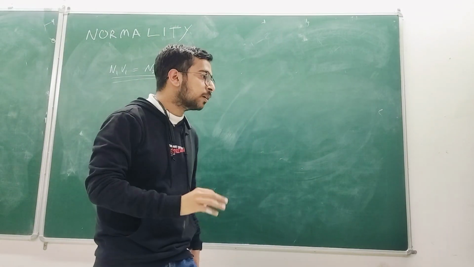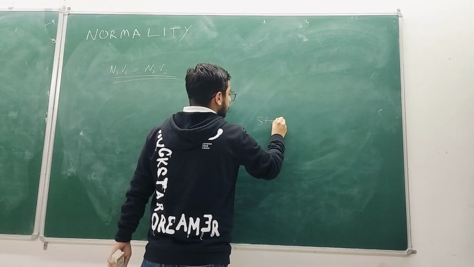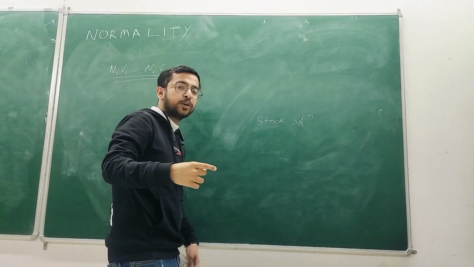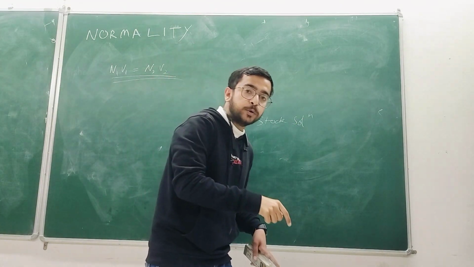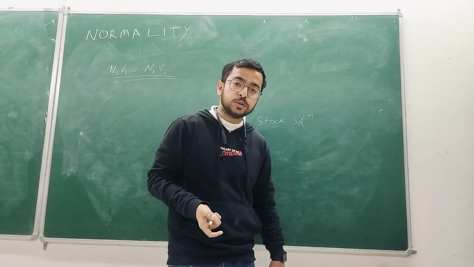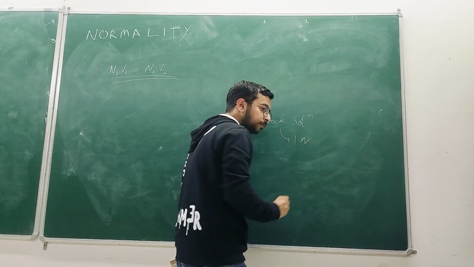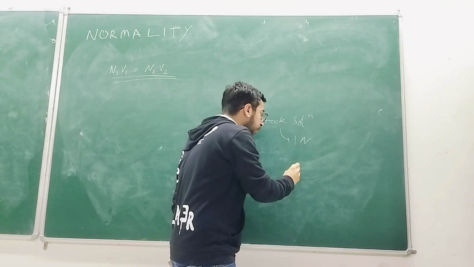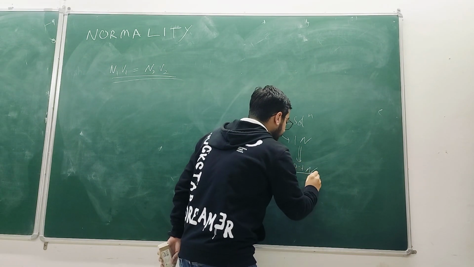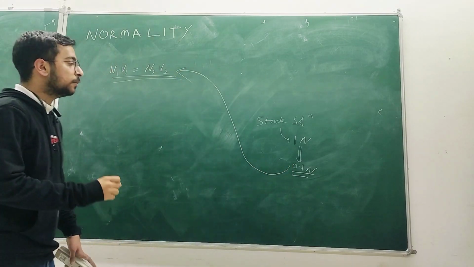A stock solution is nothing but a solution of higher concentration, like 1 normal or 2 normal, and you have to dilute it according to your requirement. Let's say you require only 0.1 normal solution, but you are given a solution of 1 normal. How can you prepare 0.1 normal solution from 1 normal solution? This can be done using this equation.